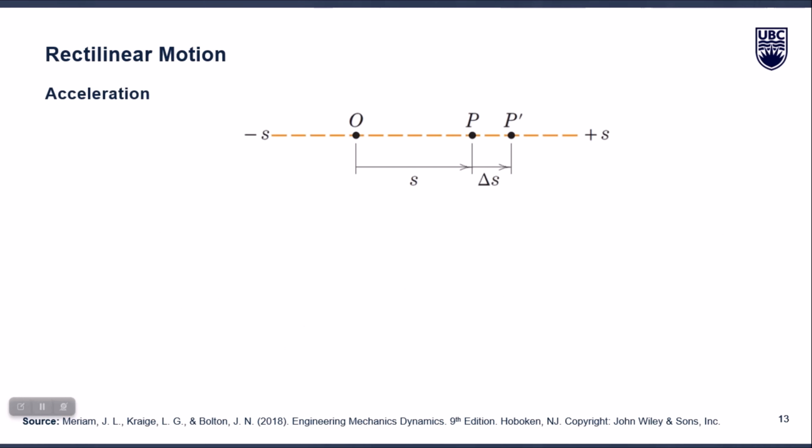Similarly, the average acceleration, let's represent it with a sub av, will be delta v by delta t, right? Change in velocity of an object from point P to P prime divided by the time interval in which that change occurred, but that will be the average value of acceleration during that whole motion.